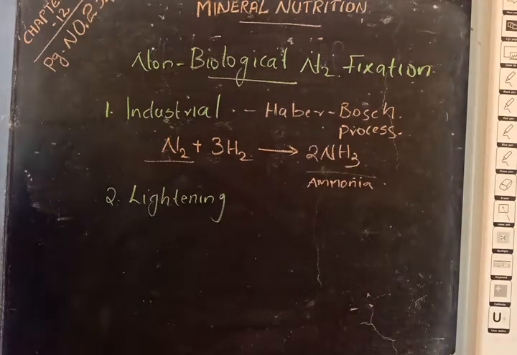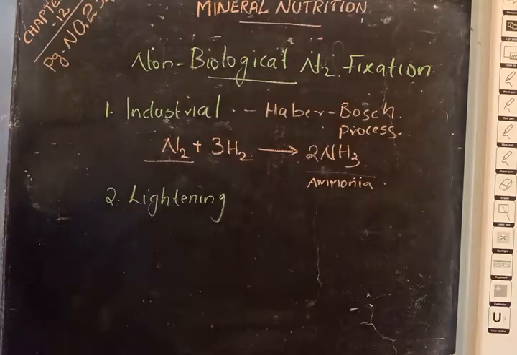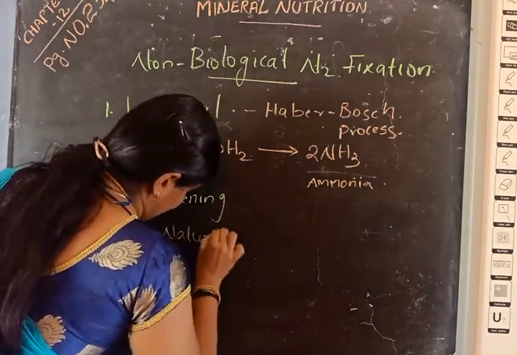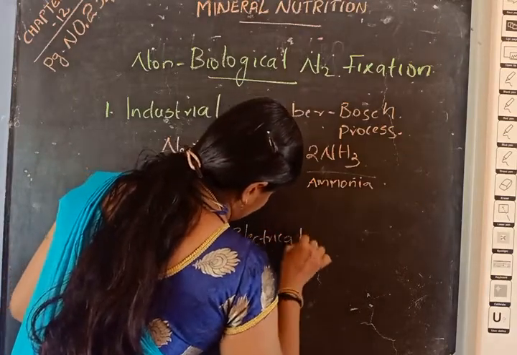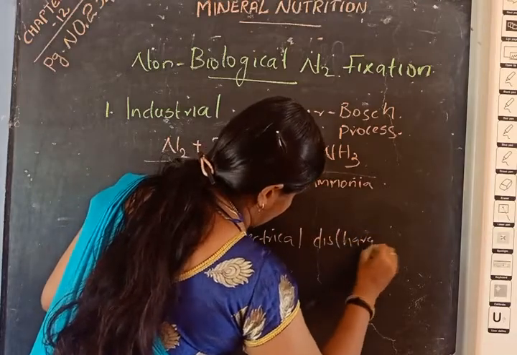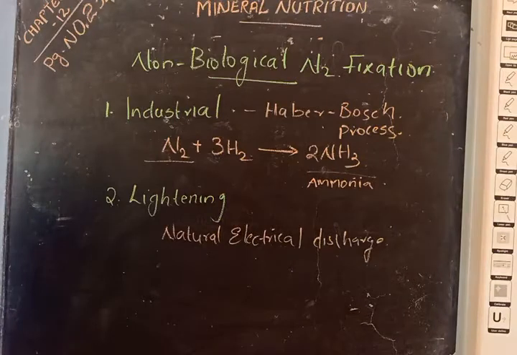During thundering and lightning, the natural electrical discharges fix the atmospheric nitrogen.